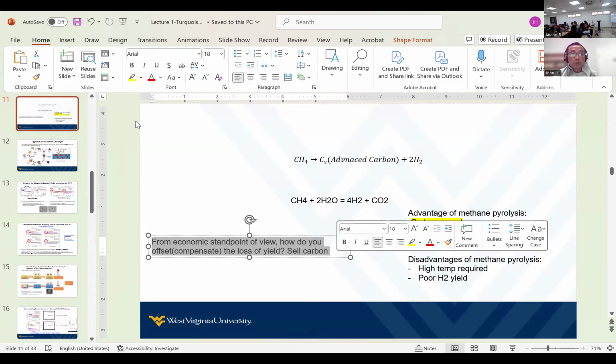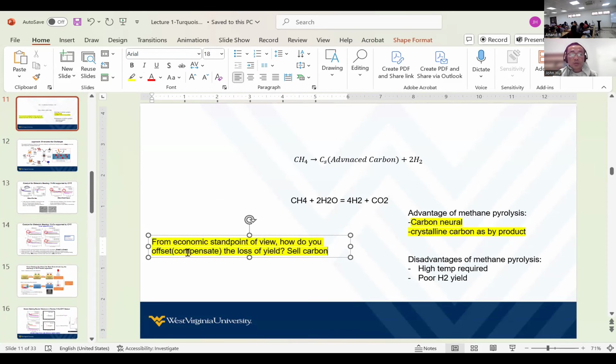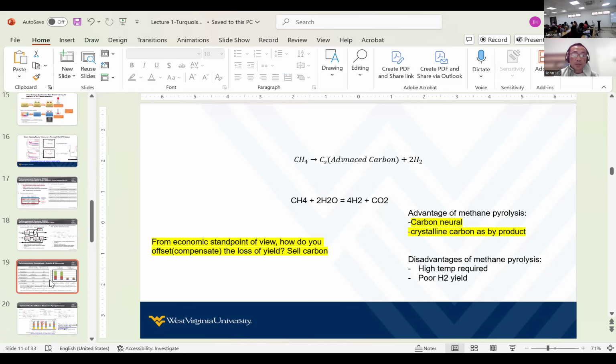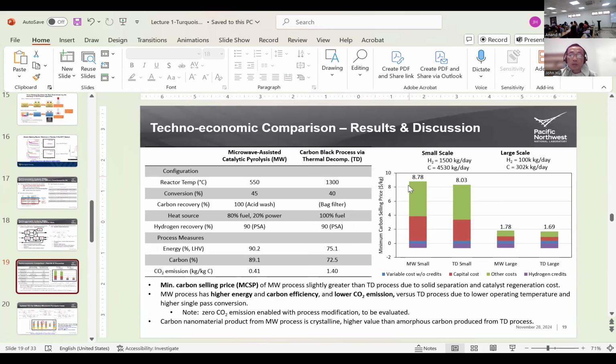The driving force here, from an economic standpoint, is how you offset or compensate for the loss of yield. You agree, all right, sell the carbon. So this is the reason we have done the economic analysis. We want to make sure how much carbon we can sell in order to make money. Make sense? Yes, sir. Does anybody have any question?